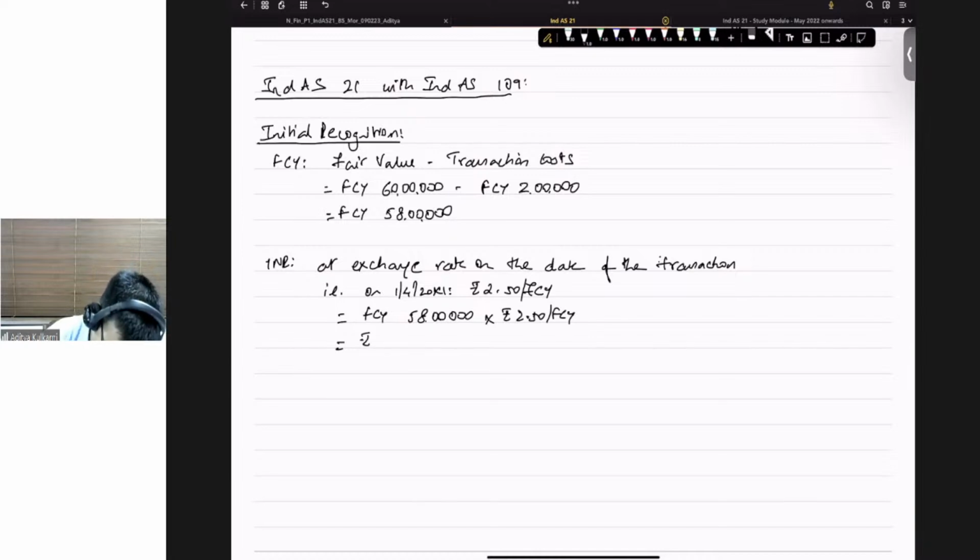That comes to rupees 1,45 lakhs. You will be recording this transaction on 1st April by passing the entry: bank account debit to external commercial borrowings 1,45 lakhs. This is how you will do it.